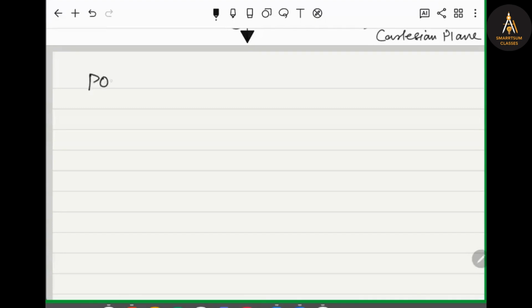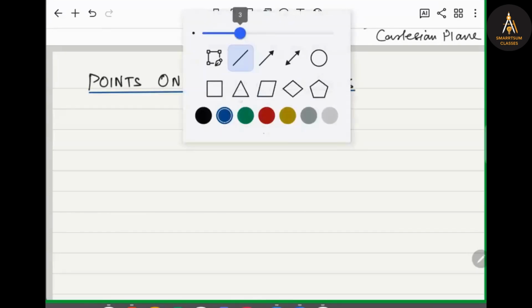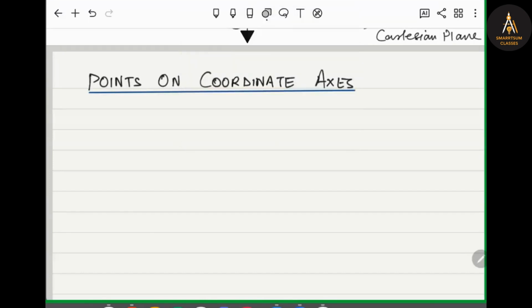Put the heading, points on coordinate axis. Points on coordinate axis.